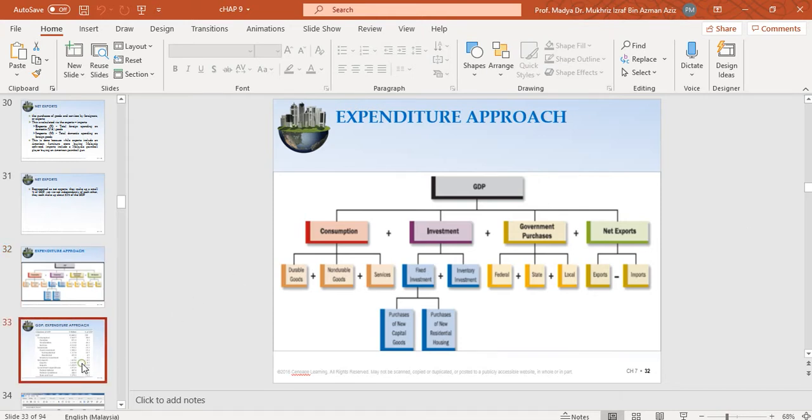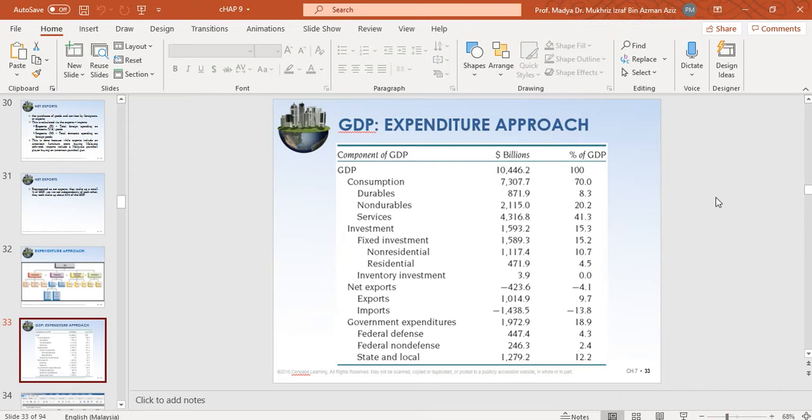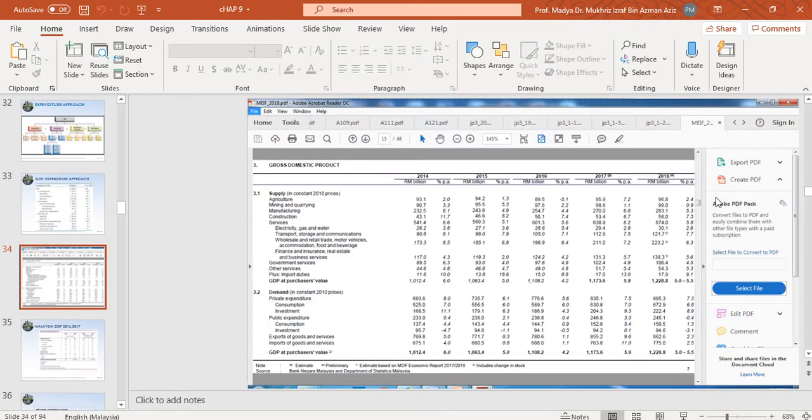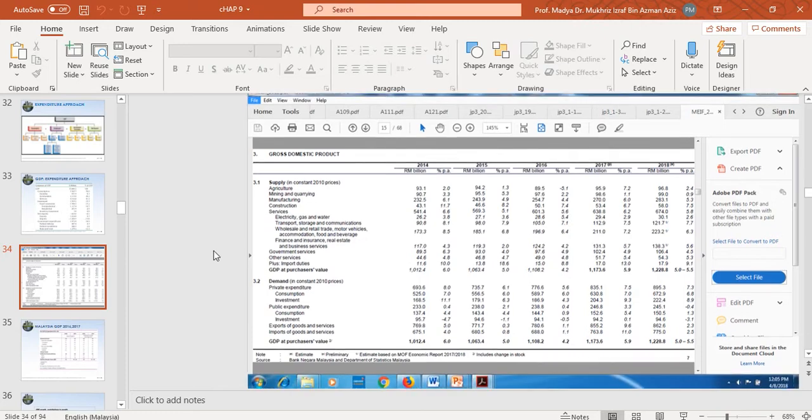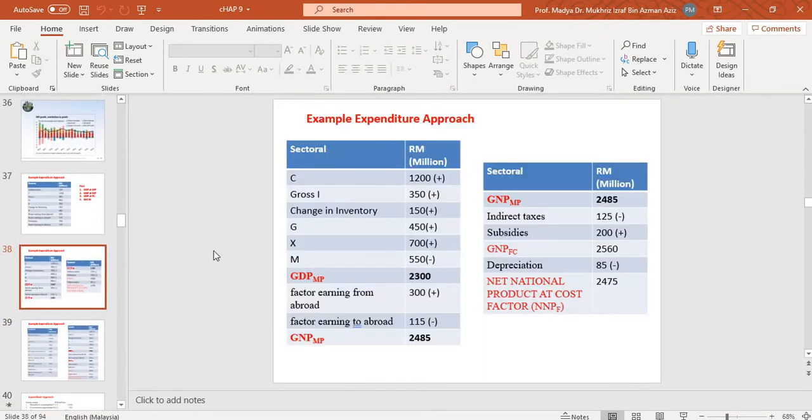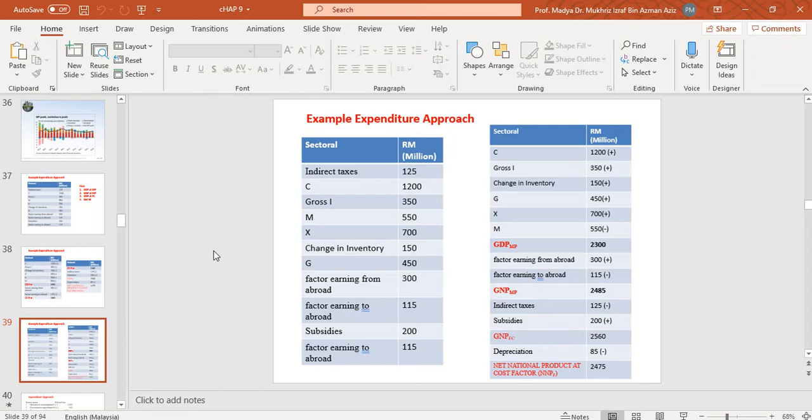In the following slides, you have examples from different reports, but I don't want to go too much into detail on the examples. Here, for example, you have a simple way to calculate GDP at market price, and GDP versus GNP.